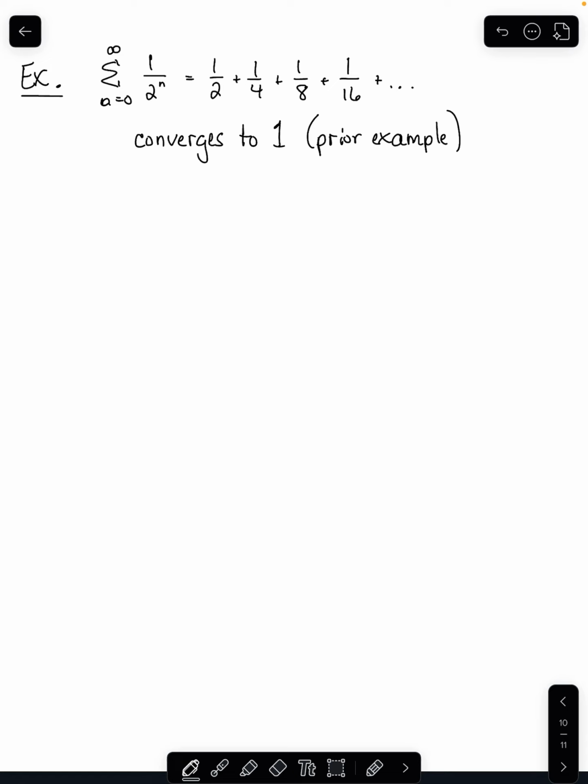We also saw how this can be written as a geometric series. Excuse me, the original series began at 1.